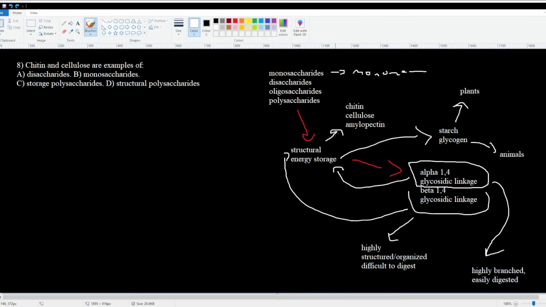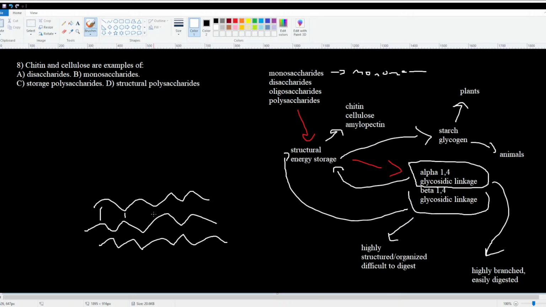So this is going to consist of something like cellulose. That's in plants, right? So these are examples of structural polysaccharides, which consist of beta 1,4. Beta 1,4 will look something like this. This isn't a hydrocarbon, but I just want to shorthand this.